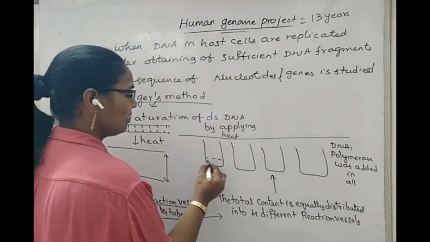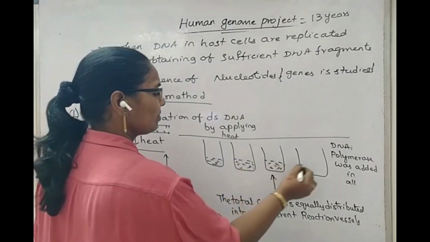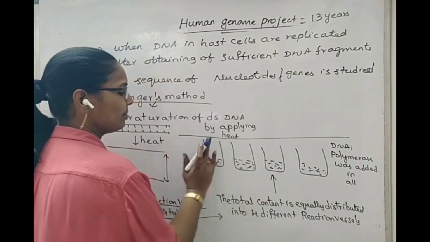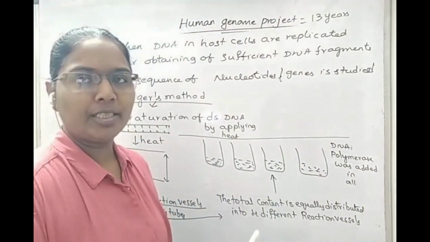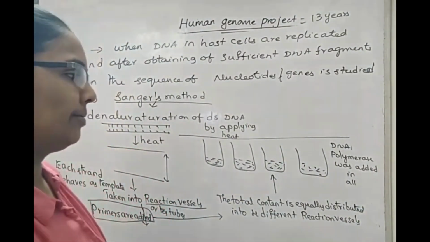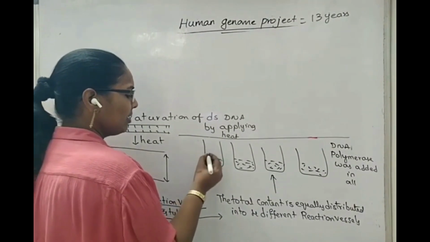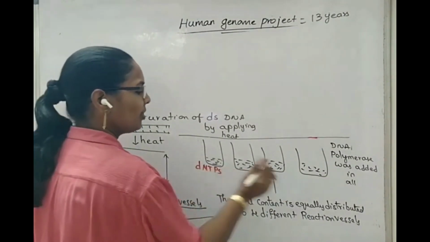So here we get the DNA sample along with the primers. What are present here? DNA plus primer. To this DNA plus primer, now we are adding the third substance, that is DNA polymerase. We can label this one as containing dNTPs, all these 4 test tubes.